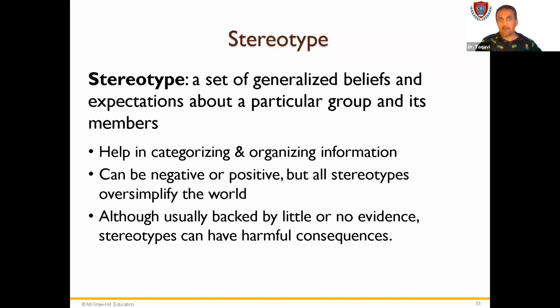It is the problem. It is something like reality distortion done by defense mechanisms. Although usually backed by little or no evidence, stereotypes can have harmful consequences.